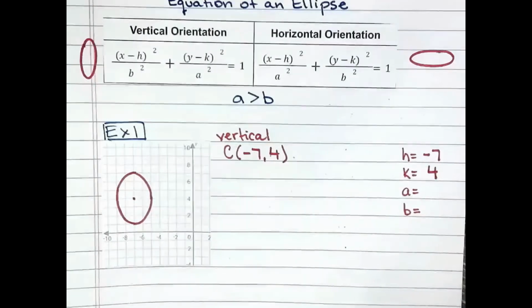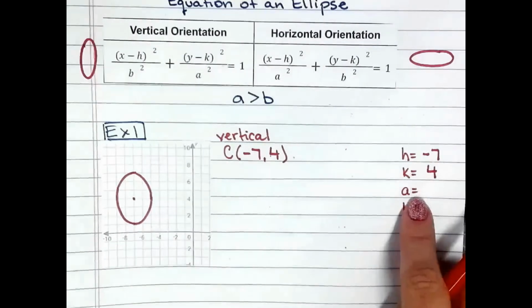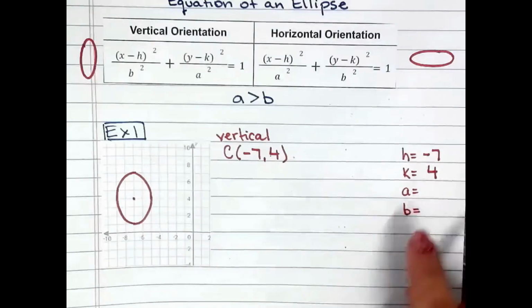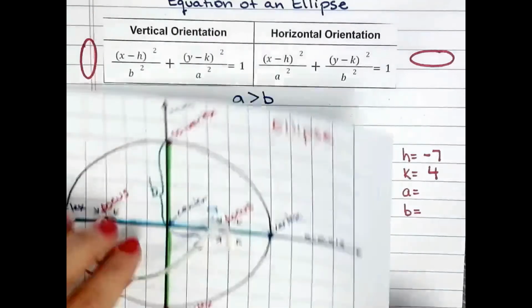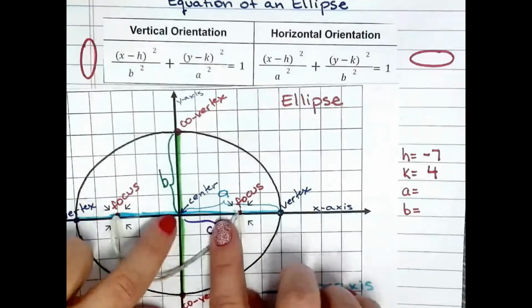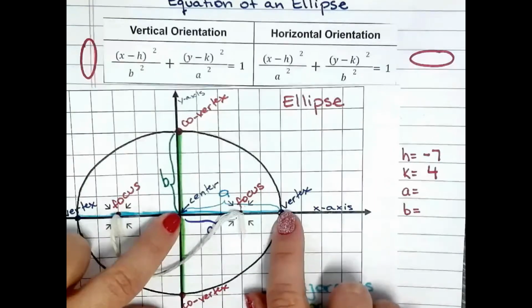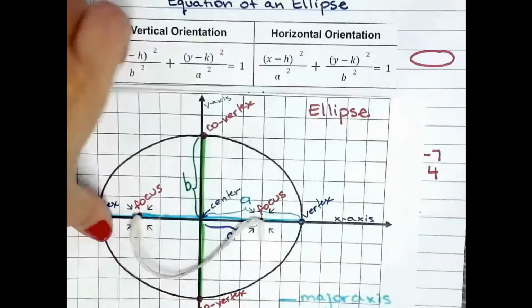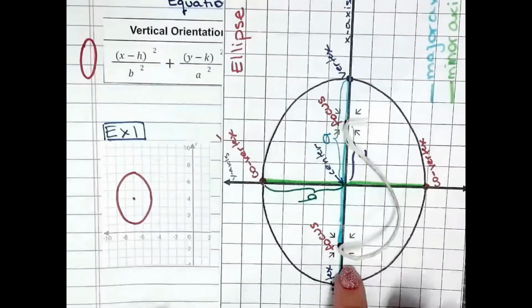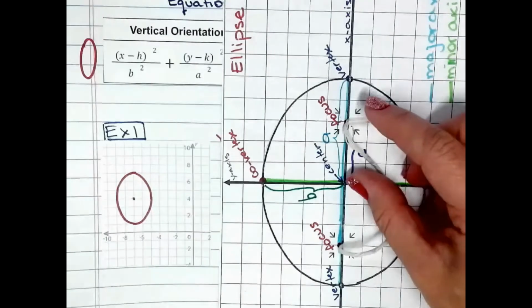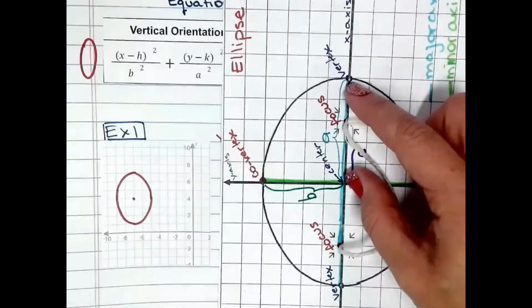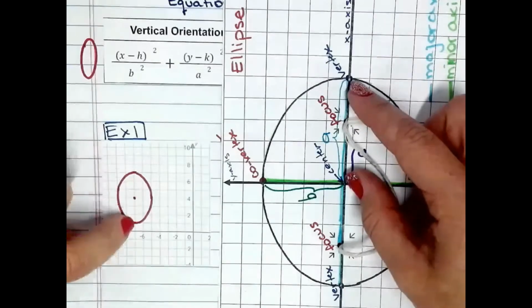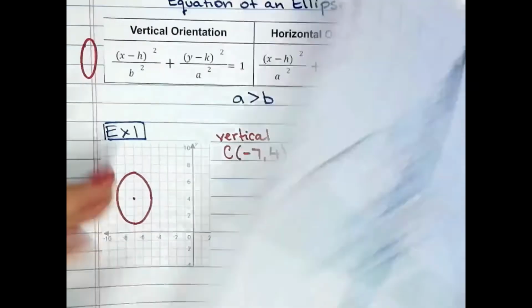Okay, that's easy. Now, how are we going to find A? From the previous video, A is the distance from the center to the vertex. This is a vertical ellipse, example 1. It's still the distance from the center to the vertex, but now know that the major axis is vertical.